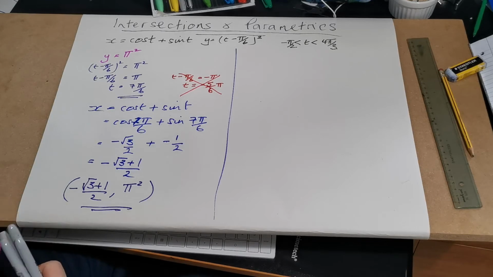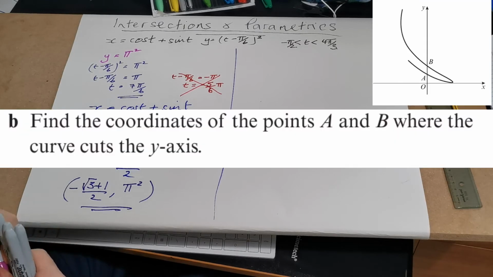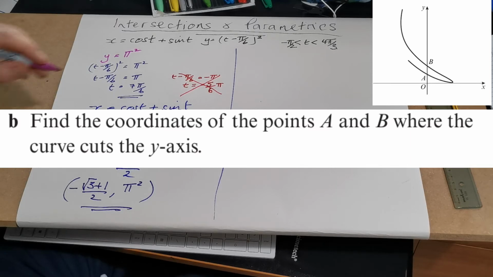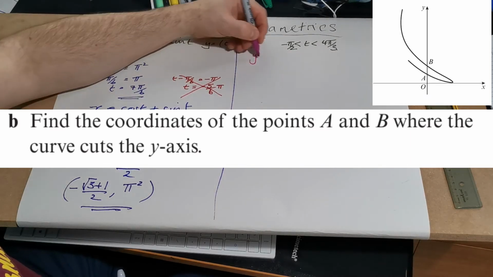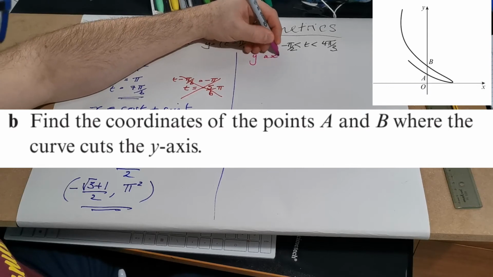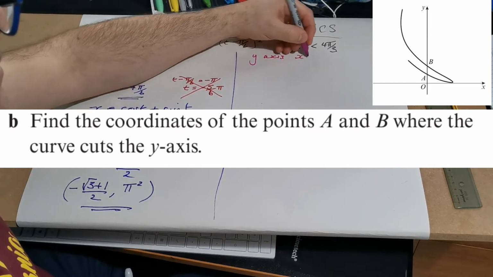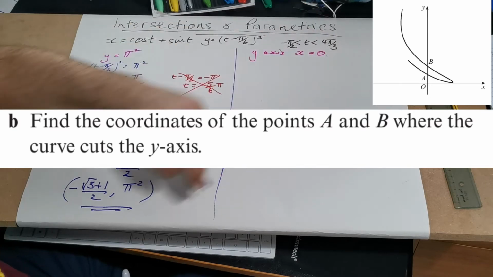Now, the second part says find the coordinates of the points A and B where the curve cuts the y-axis. So the key thing there is that on the y-axis, x equals 0.